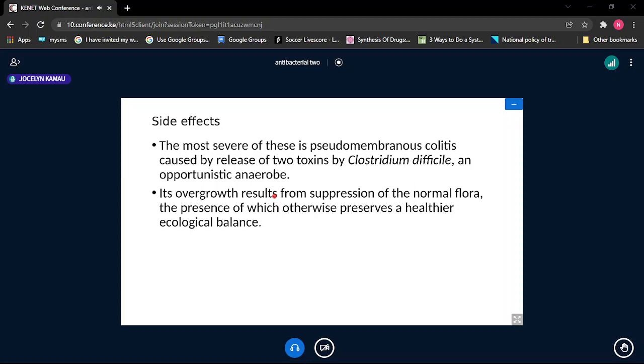In case it happens, then you withdraw the clindamycin, and you must look for another drug, either through culture and sensitivity test, or you look at the spectrum profiles of the different drugs, you see whether they are similar, and therefore you can exchange one drug for another.